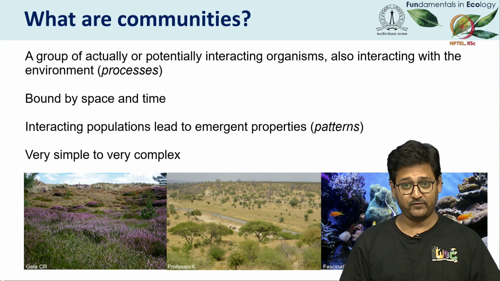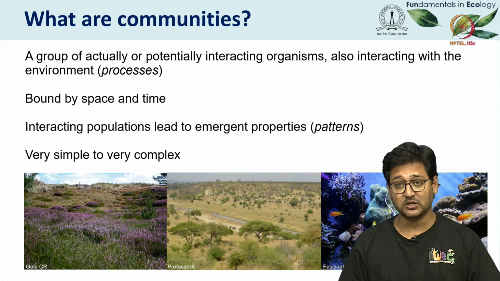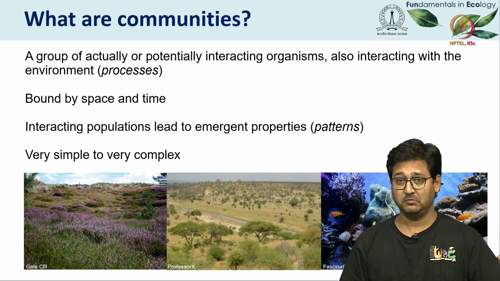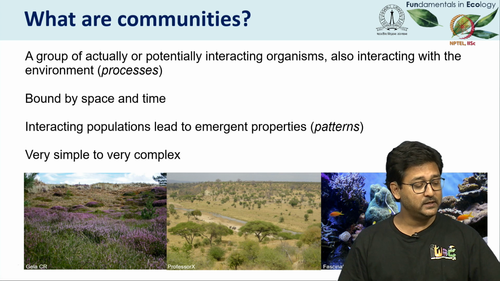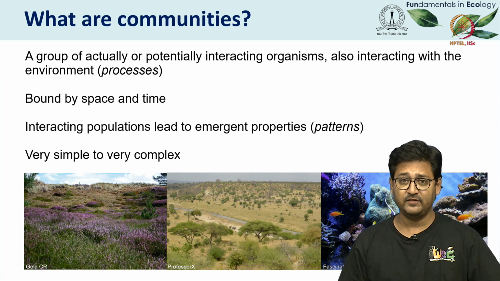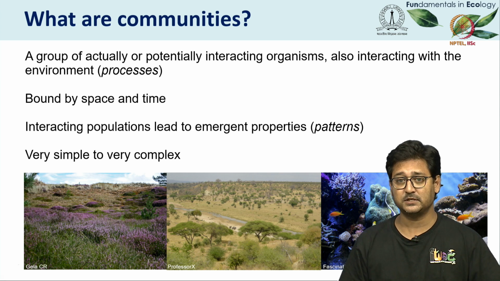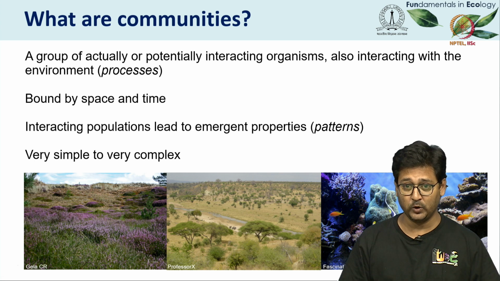So, you could have, for example, multiple plant species competing with each other for the same resources like nitrogen, and the outcome of that competition is that different plant species have different abundances or different population sizes, because some are better competitors, some are poorer competitors.